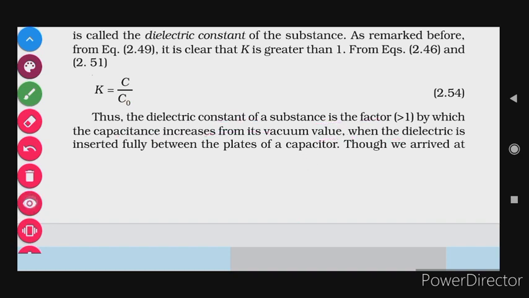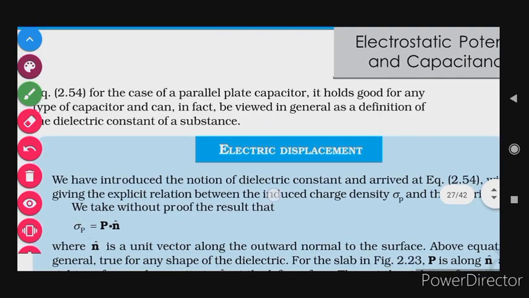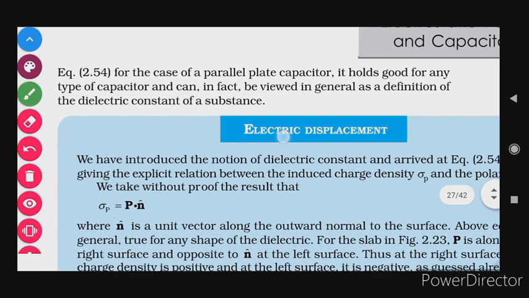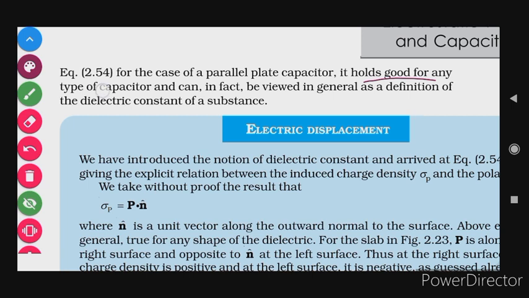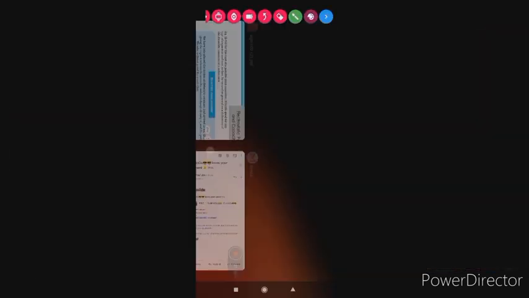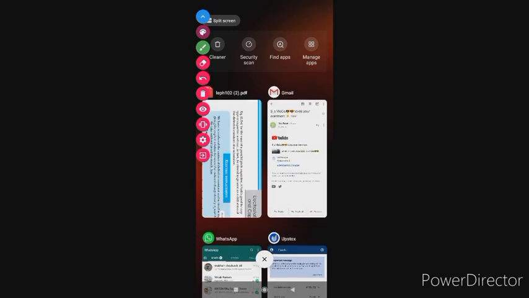Though we arrived at equation 2.54 for the case of a parallel plate capacitor, it holds good for any type of capacitor and can in fact be used in general as a definition of the dielectric constant of a substance. We only derived this for parallel plates, but it can be used for any other type of capacitor.